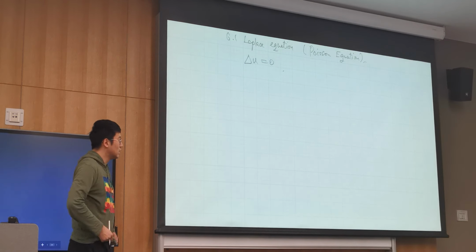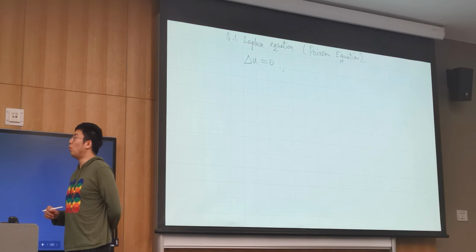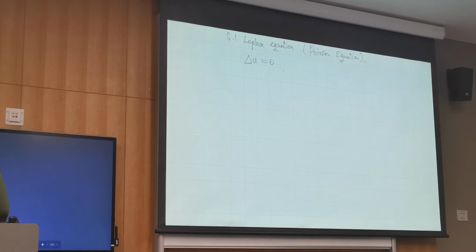This is probably one of the PDEs that we are touching with the simplest formulation. In 1D, that simply means 1D space, that simply means uxx equals 0.